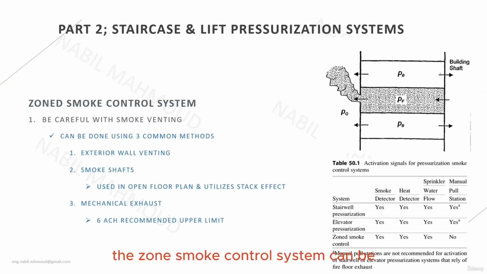The zone smoke control system can be applied using three common methods. The first method is to use exterior wall venting, the second method is to use a smoke shaft, and the third method is to use mechanical exhaust. The exterior wall venting concept means that you will put a relief vent that will open automatically in the event of a fire mode to vent the smoke directly outside the building.